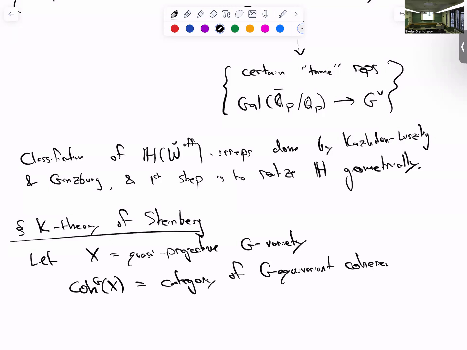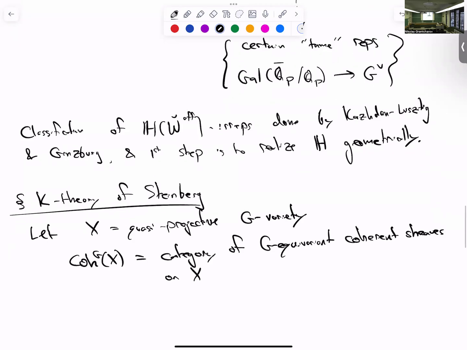So they're just locally free. And then the K theory is just the Grothendieck group of this category.